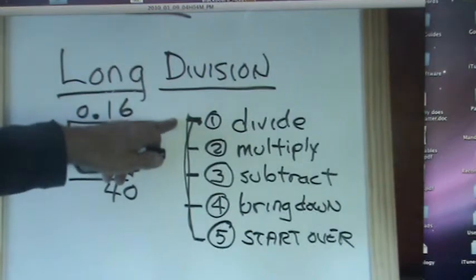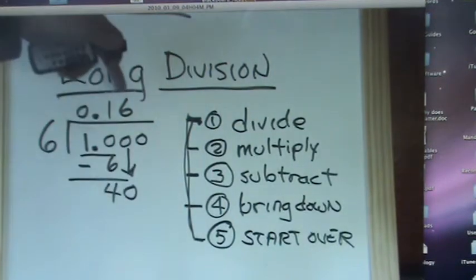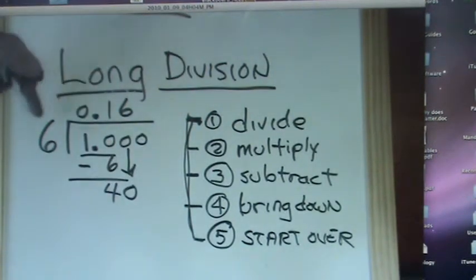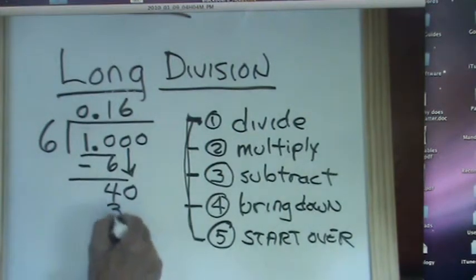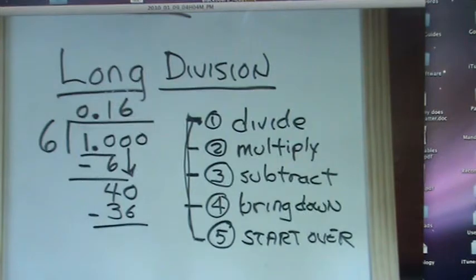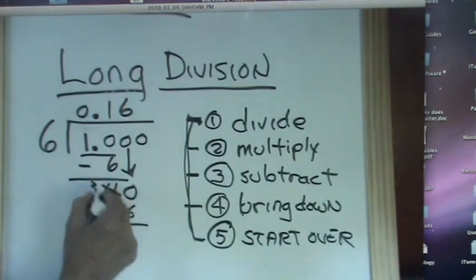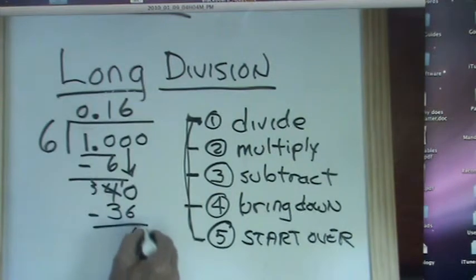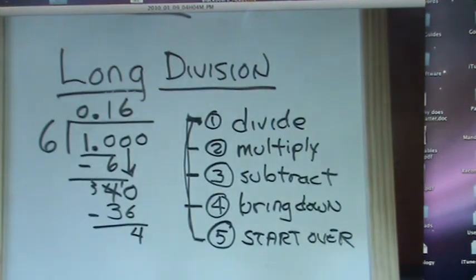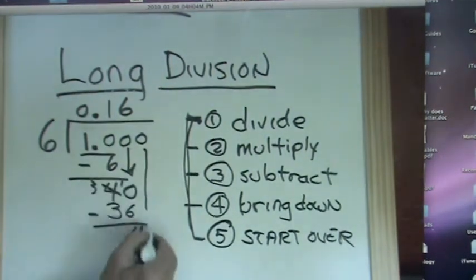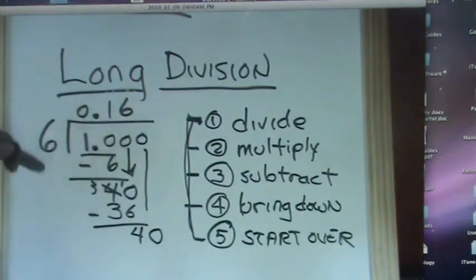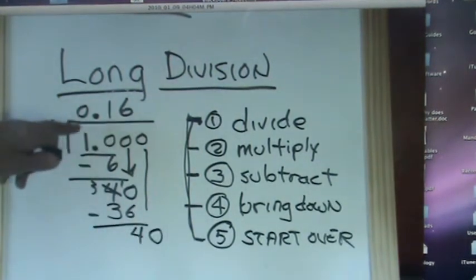So I've divided. Now I multiply. 6 times 6 is 36. And now I subtract. 40, take away 36 becomes 4. And I bring down the 0. And I can go on, but this is fine too.